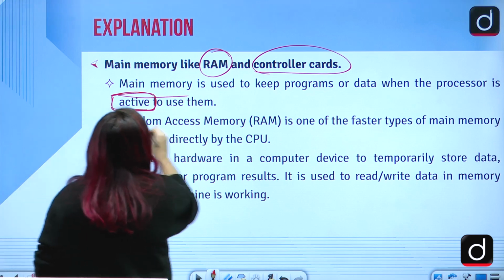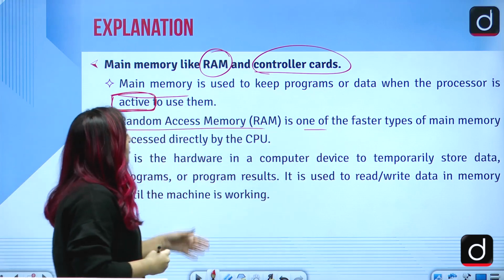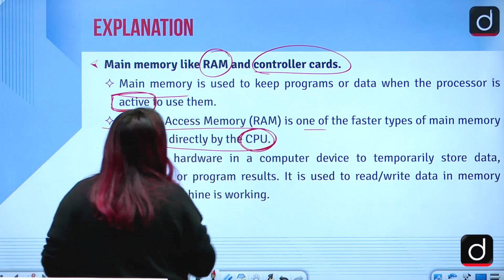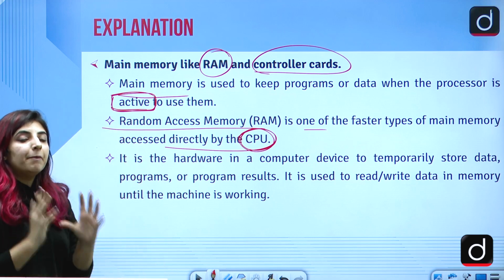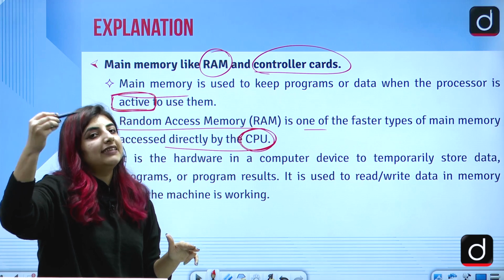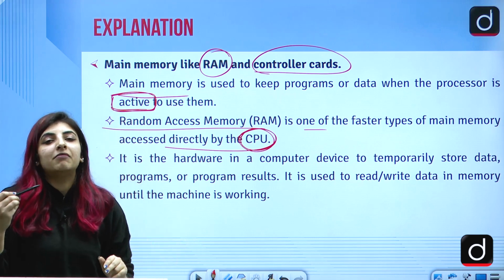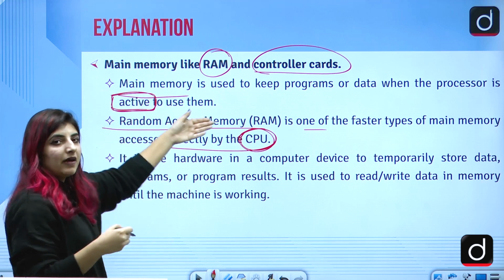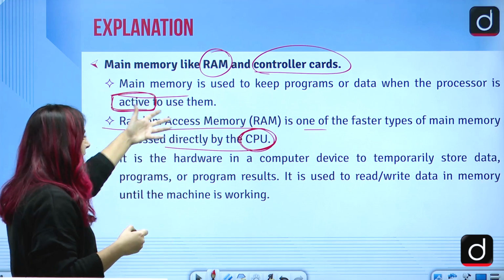Coming back, RAM is one of the fastest types of memories which can be accessed directly by the CPU, correct? So after cache, we have main memory, as I told you in the figure as well, because we have registers, then we have cache, and you are supposed to remember it like this only. Registers, cache, main memory. In main memory, we have RAM here.